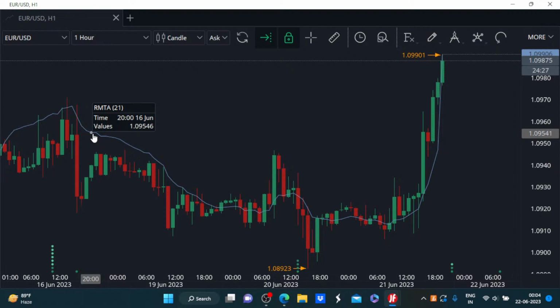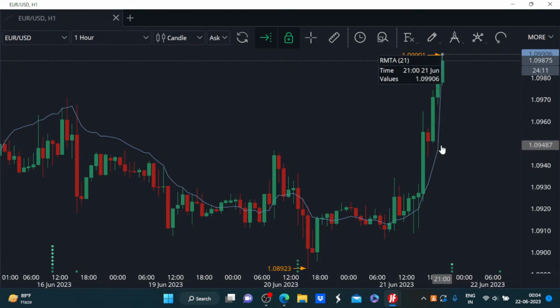It gives more stability and also the ability to keep up with the price moves, because if you observe the current chart here, you would have noticed that we have seen the RMTA value jumping up and following closely towards these recent jumps. But if you plot any other moving average or most of the moving averages, you will see a pronounced lag between the price action and the catching up of the moving average.